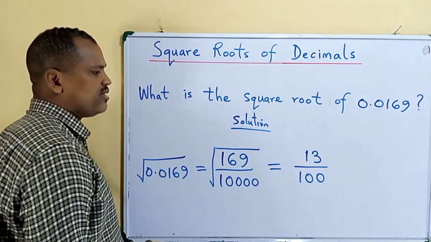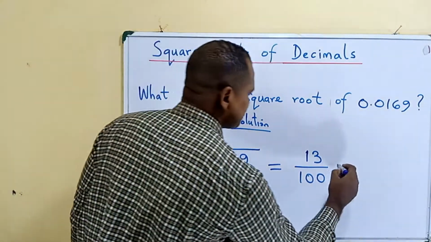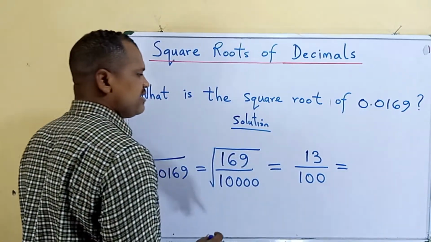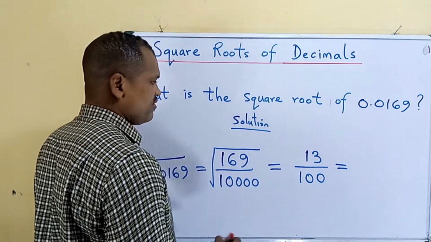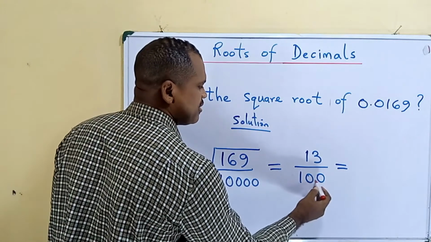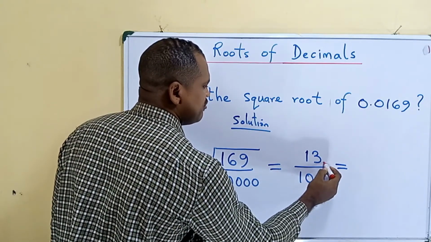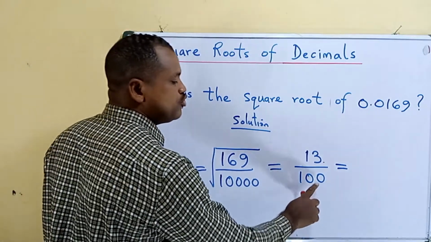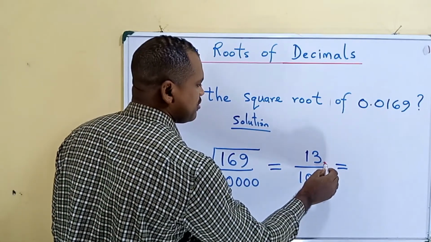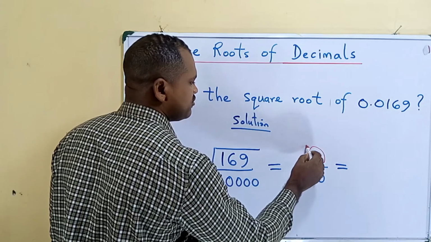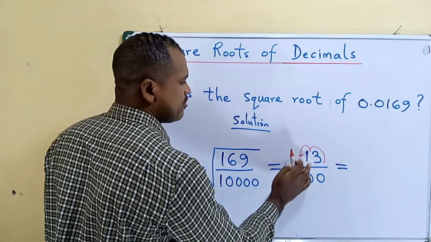So the next thing now is just to divide 13 by 100. So here we have 2 zeros. The decimal point will move 2 places because we have 2 zeros. 1, 2.